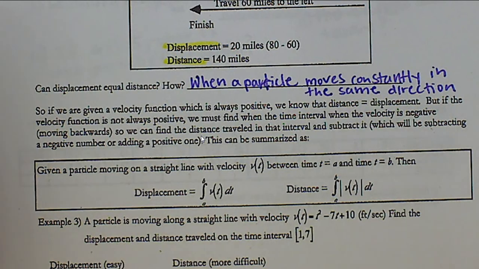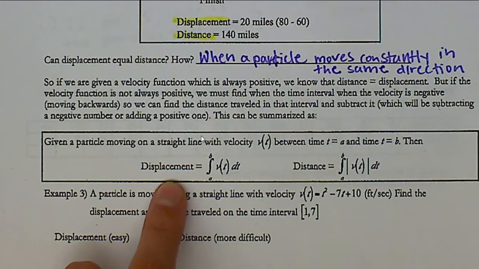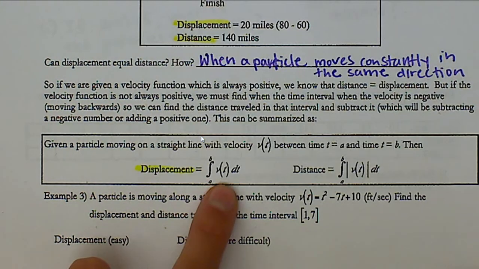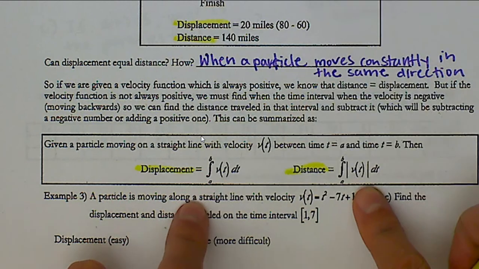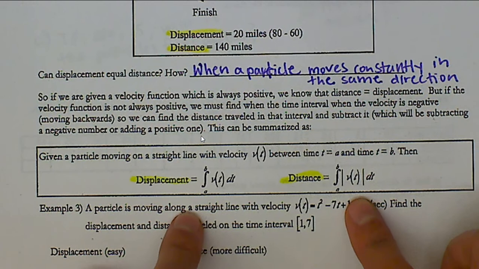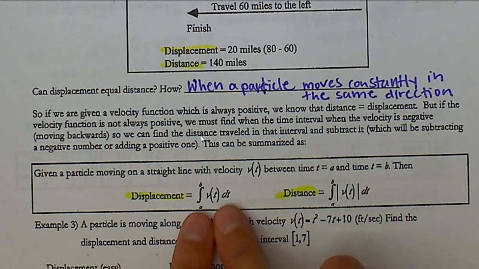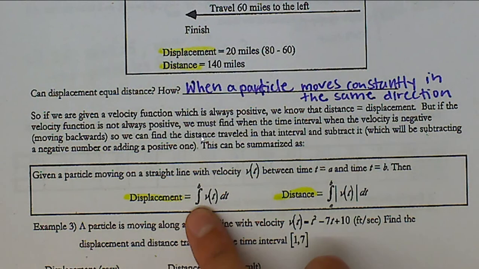And so what this is going to look like mathematically is my displacement is the integral of the velocity, and the distance is the absolute value of the integral of the velocity. Okay? So the reason why displacement is just the integral of velocity is because remember that integrals can have positive and negative area.